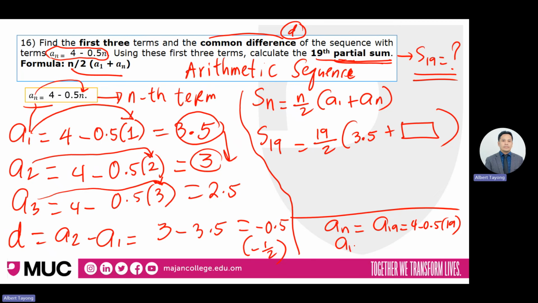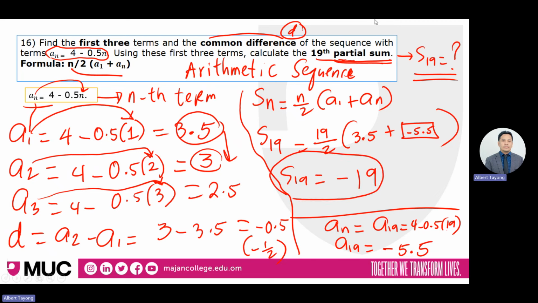So a sub 19 equals 4 minus 0.5 times 19, so this is negative 5.5. So S sub 19 will be negative 19.